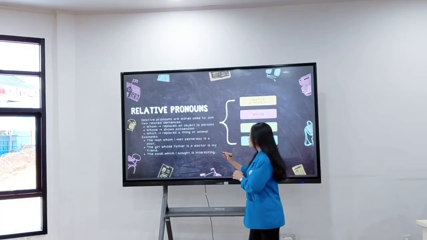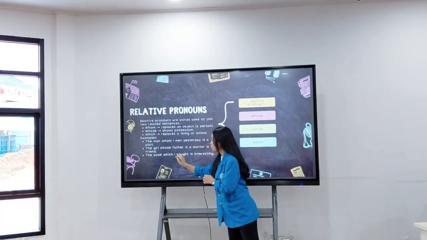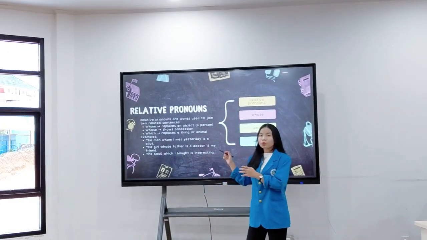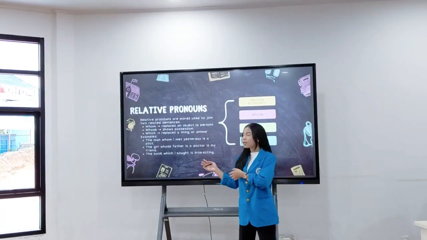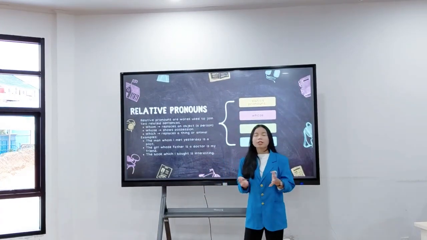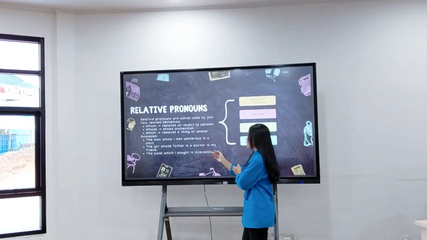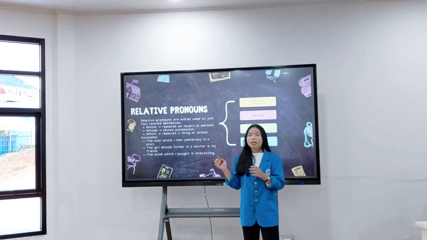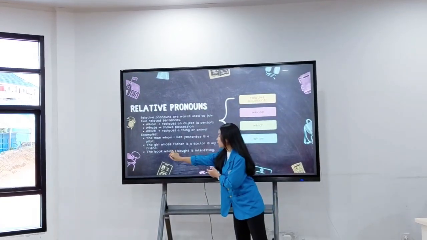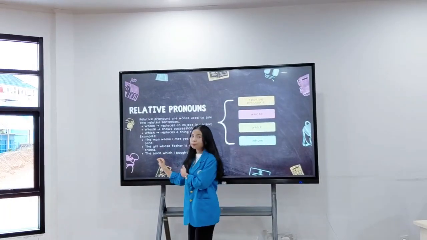And the third one is which. We use which to replace things or animals. For example, the book which I bought is interesting. Here which refers to book.